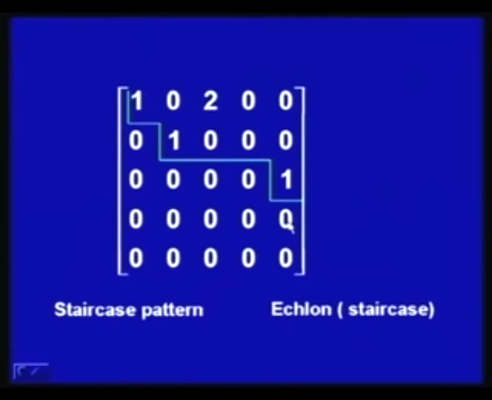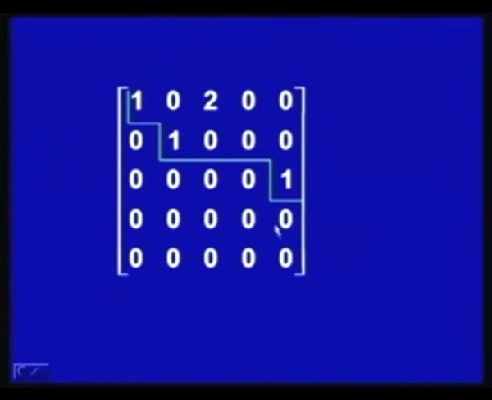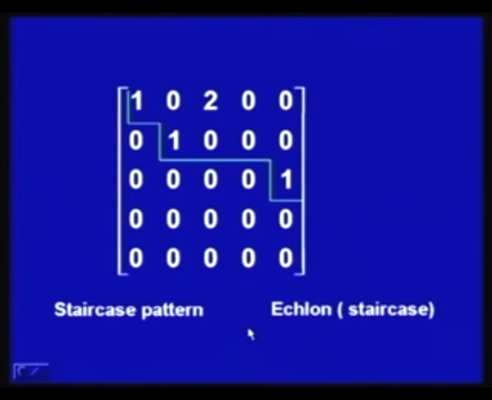All elements below this boundary are 0, while the non-zero elements are on the upper side of this boundary. This boundary forms a staircase pattern, and that is why this row reduced matrix is also called an echelon form.